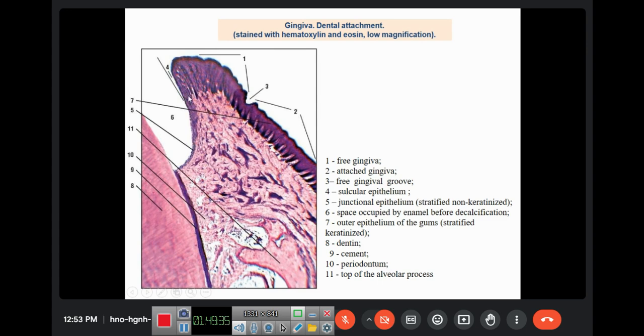Next goes the sulcular epithelium. Here it is. It lines the sulcus, the space between the gingiva and the enamel. Sulcular epithelium is non-keratinized. This is the junctional epithelium. So one surface faces the enamel, second surface faces the underlying connective tissue, junctional epithelium.